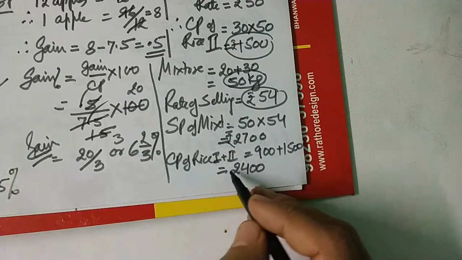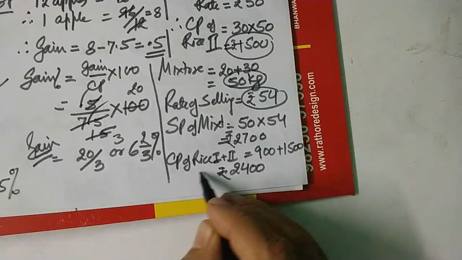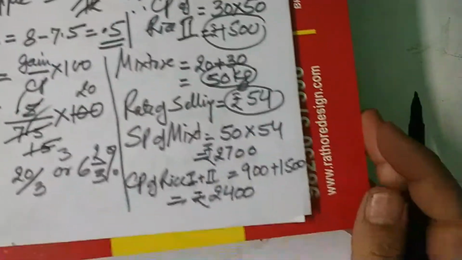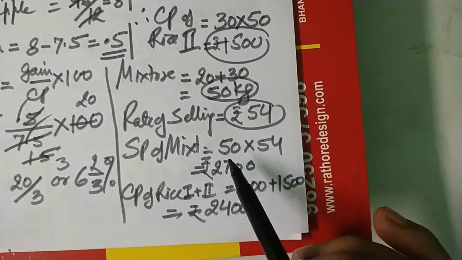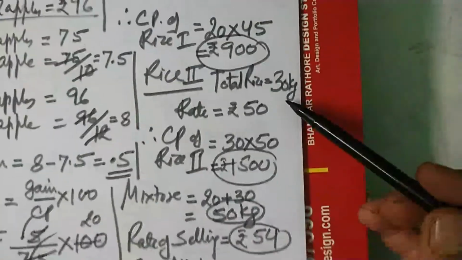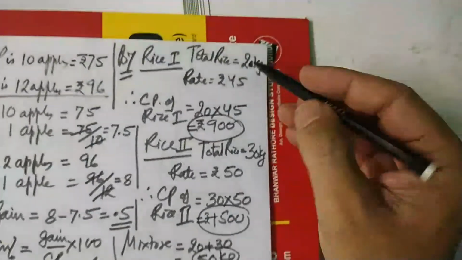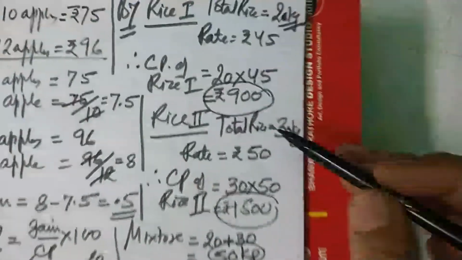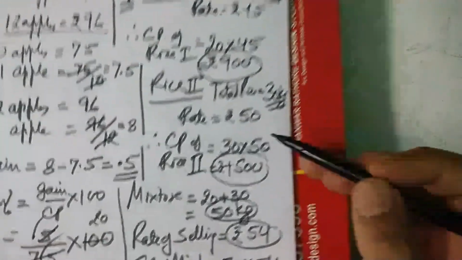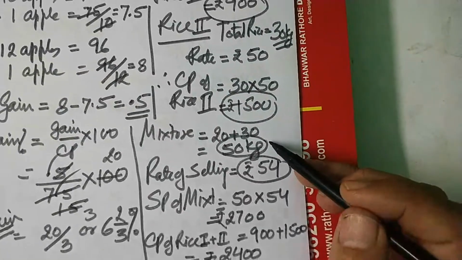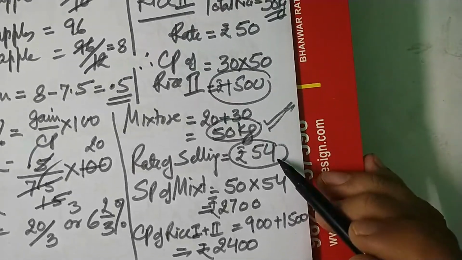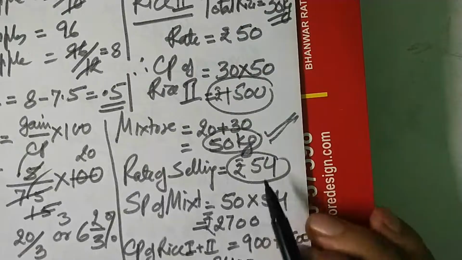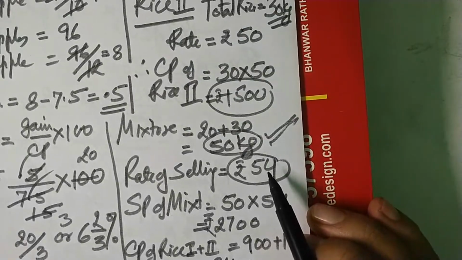So you can see that the selling price of the mixture is 2700. She is selling the mixture of both the types. The first type of rice was 20 kg. Second type of rice is 30 kg. So total she has 50 kg of rice, which she is selling at the rate of 54. That means for 1 kg she will charge 54 rupees.